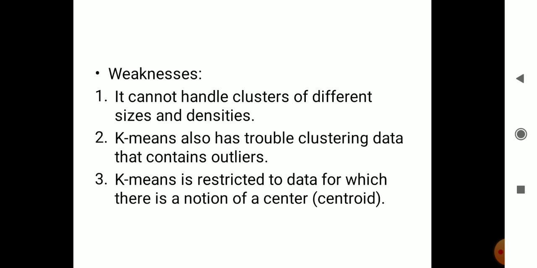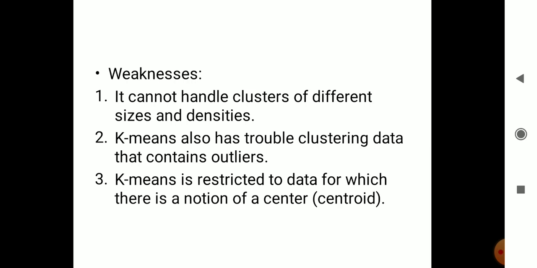The K-means algorithm also has trouble clustering data which contains outliers. Earlier we discussed that outliers must be identified early. Otherwise, if you have outliers, the problem is that the total SSE value will increase, and our main aim is to reduce the SSE value.